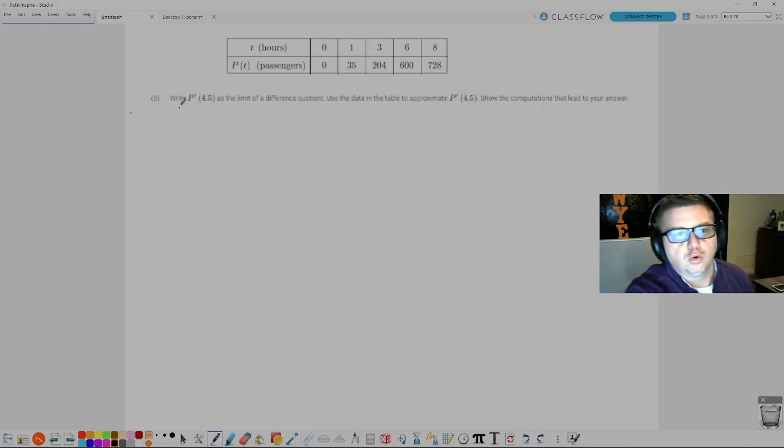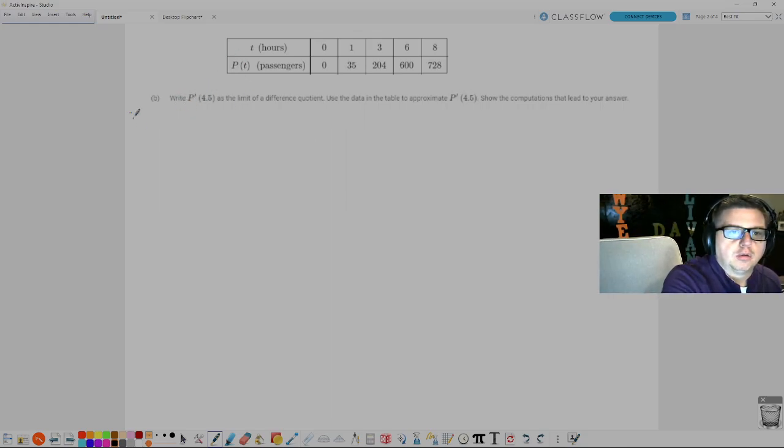Okay, so write p prime of 4.5 as a limit of a difference quotient. Use the data in the table to approximate p prime at 4.5.